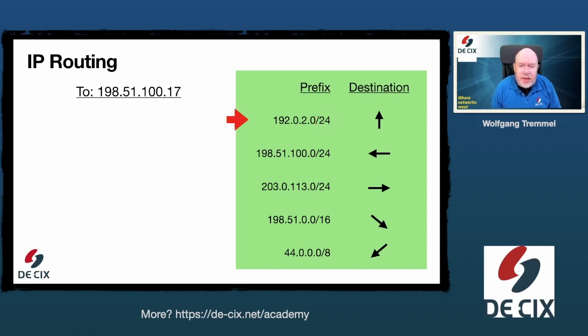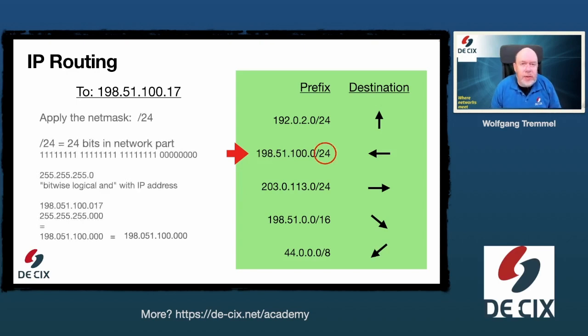Then we use the next entry. And we do the same calculation. We take the entry, just the prefix, we do our calculation, we apply the mask, and then we check if both are the same. And in this case, they match. And now the router knows where to send out this IP packet.